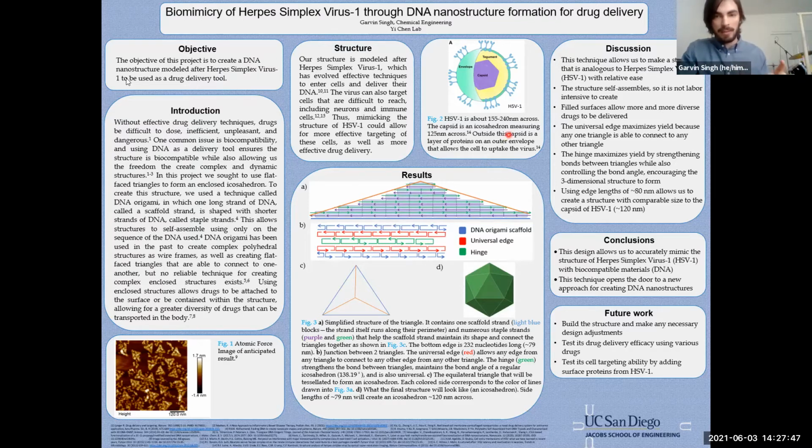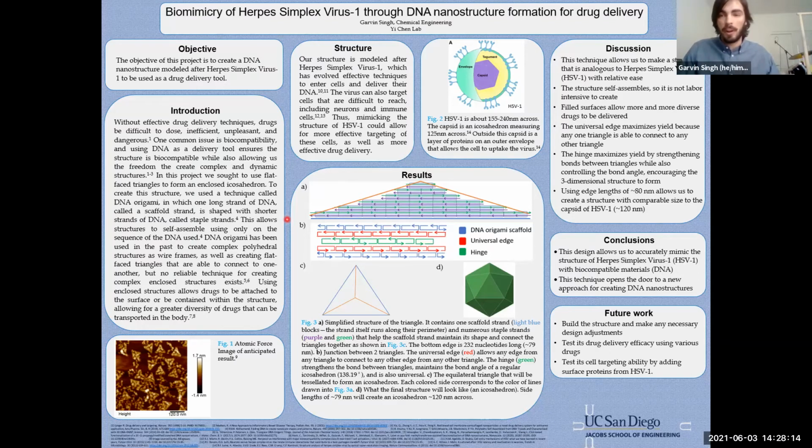Okay, I have a little bit of time, so I'm sure one question on your mind is why we actually chose HSV1. The reason we chose it is because it's super good at targeting cells and bypassing the immune system. So it has a bunch of different ways of doing that, and we're hoping that by using surface proteins from HSV1, we can mimic those cell targeting abilities.